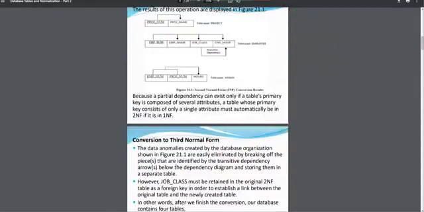So that is the way to convert to second normal form. Then there are no partial dependencies anymore.